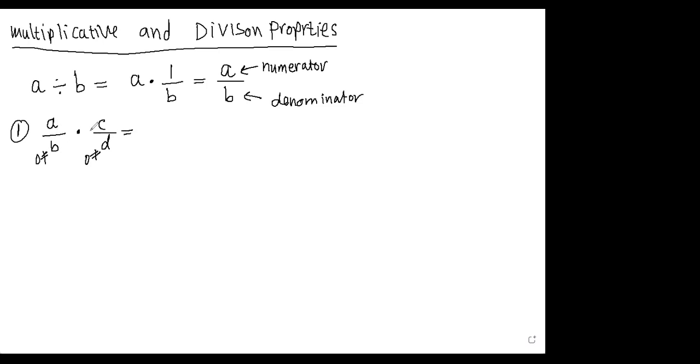So A over B times C over D equals A times C over B times D. We multiply both numerators together and both denominators together, and this is AC over BD. This is called multiplying fractions.